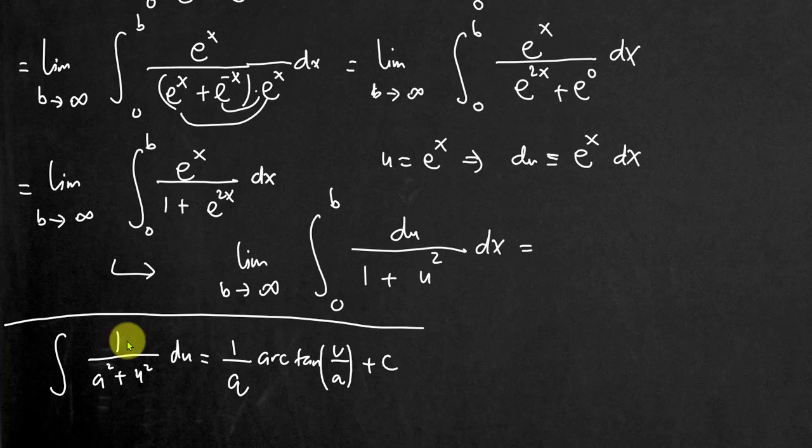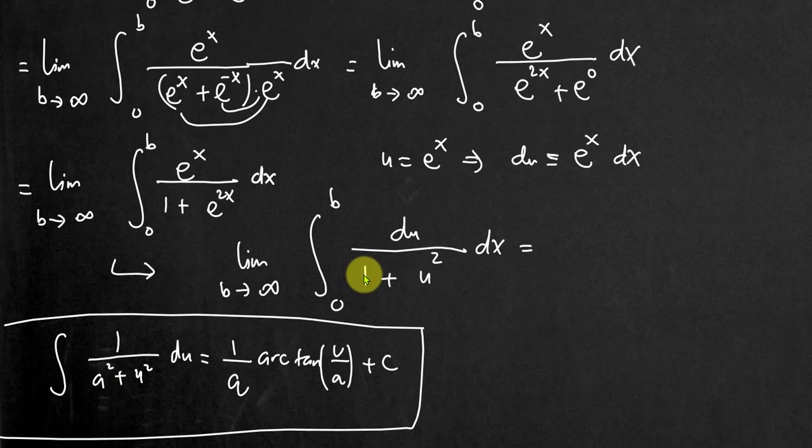So this is the formula for the inverse tangent. In this case, your a is just the number 1, and your u is u.